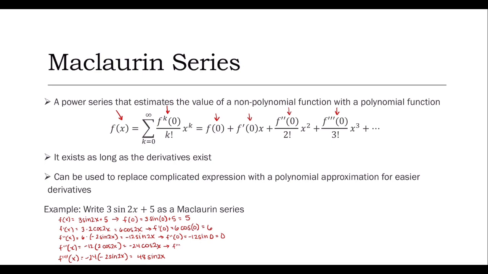For f triple prime of 0, we have negative 24 times the cosine of 2 times 0, so cosine of 0. Cosine of 0 is 1, so this is negative 24. And finally, for our fourth derivative evaluated at 0, this is 48 times the sine of 2 times 0, so sine of 0. Sine of 0 is 0, so this is 0 as well.